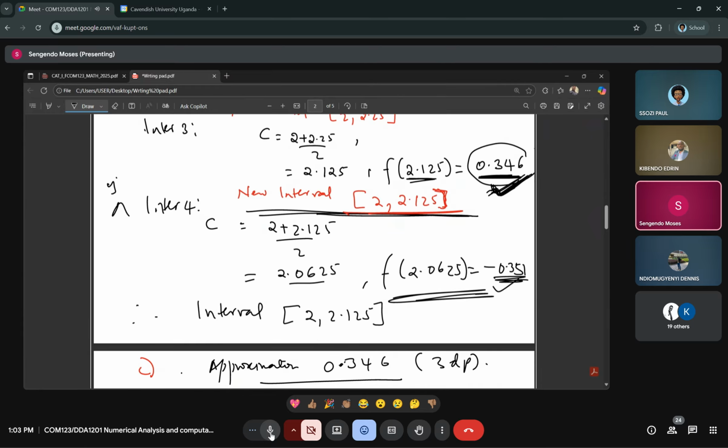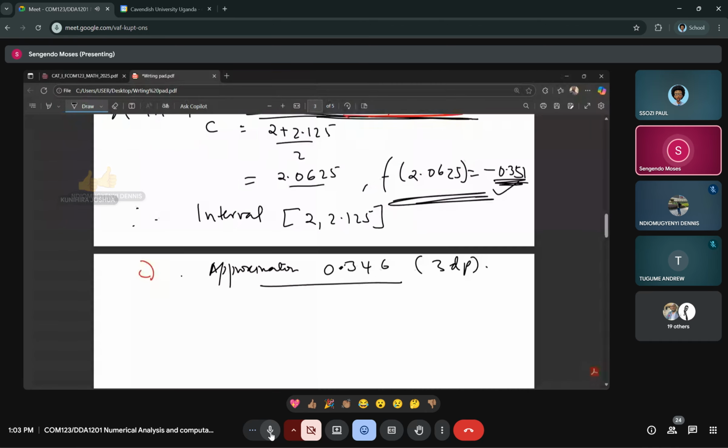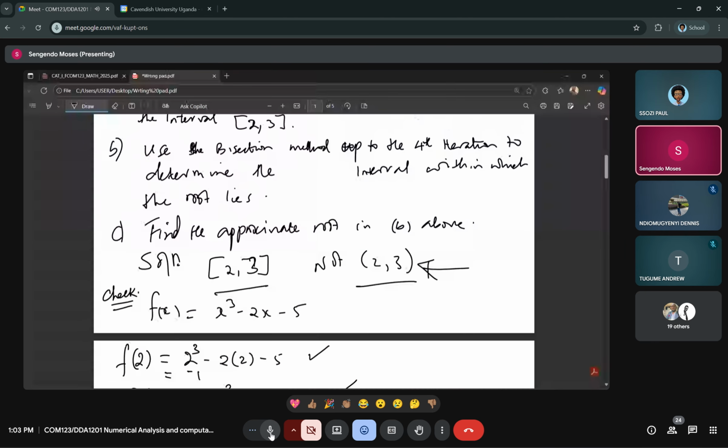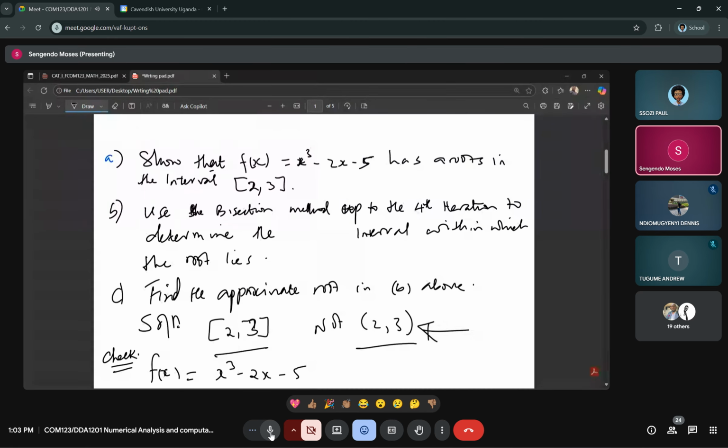Understood? Yes, sir. Now, you're going to try this one. You're going to do the same things in this example. You show that the root of the function, which function? This one. Let me use red. This function f(x), which is equal to e^x minus x^3 minus 5, has a root in the interval.